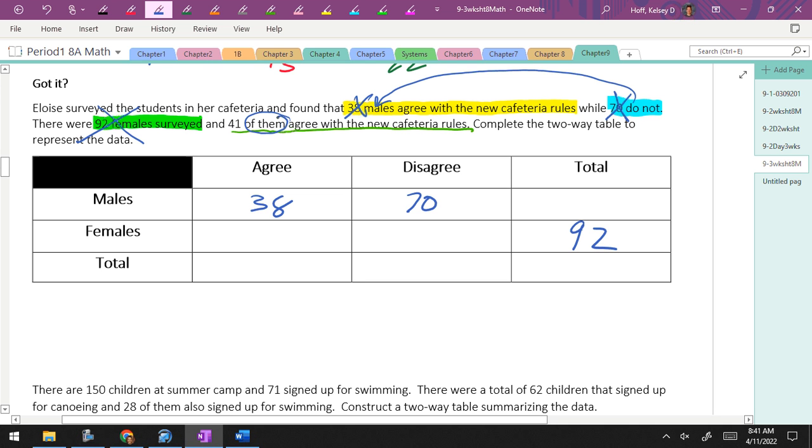So 41 females agree with the new cafeteria rules. Females agree 41. Okay? On your own, fill in the last blanks. Add and subtract. Use your calculator. Write it down, but use your calculator so you don't make any addition or subtraction errors. If they give you a total, you're going to have to subtract.